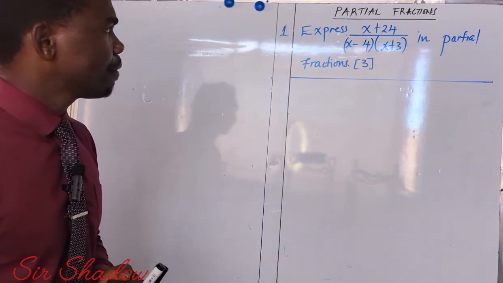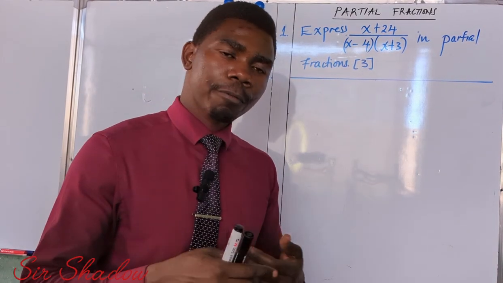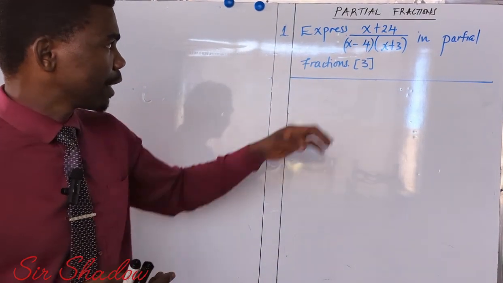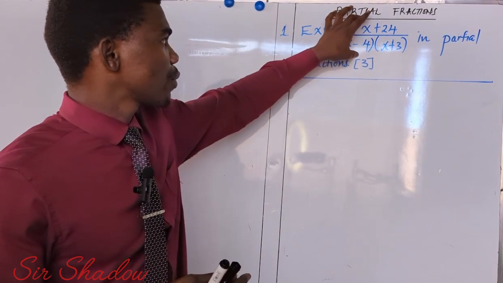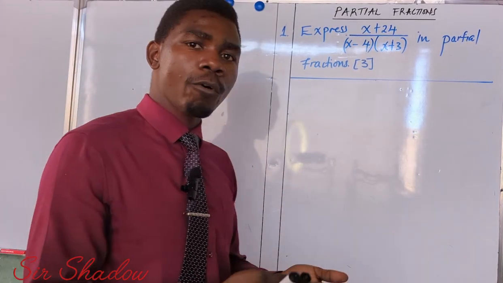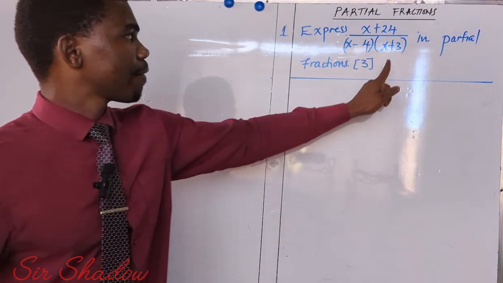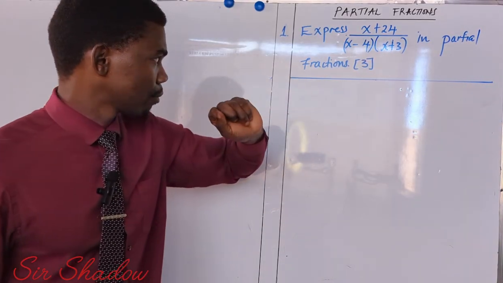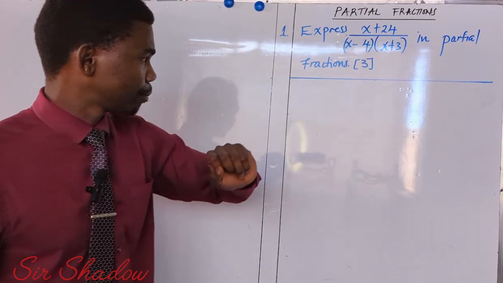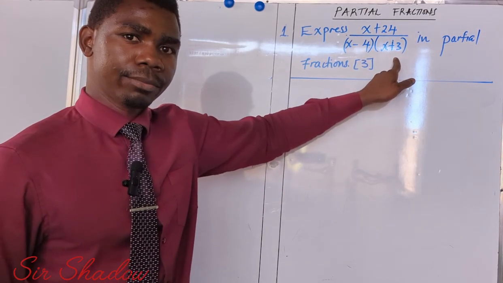Whenever you are given a question based on partial fractions, first of all, we have to check which way or form you are going to apply. Is it linear? Is it quadratic? Is it linear repeated?